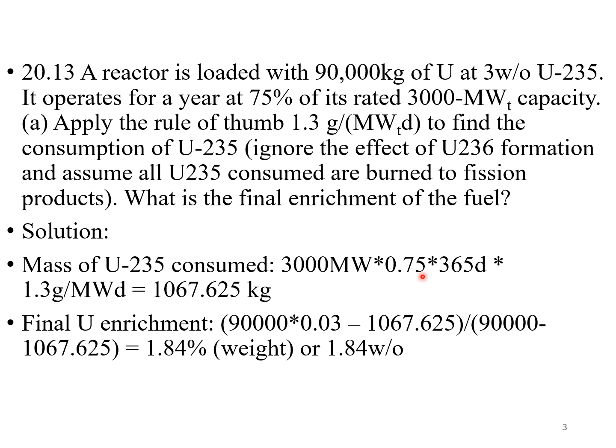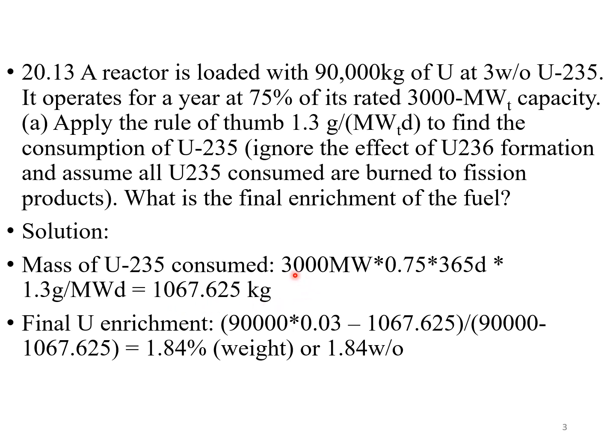That will be your average thermal power. Then times the number of days in 1 year, so we have megawatt times day, the unit for megawatt a day. Then times 1.3 gram per megawatt a day, so we get the number of gram. And we convert the gram to kilogram. That is the mass of uranium-235 consumed.